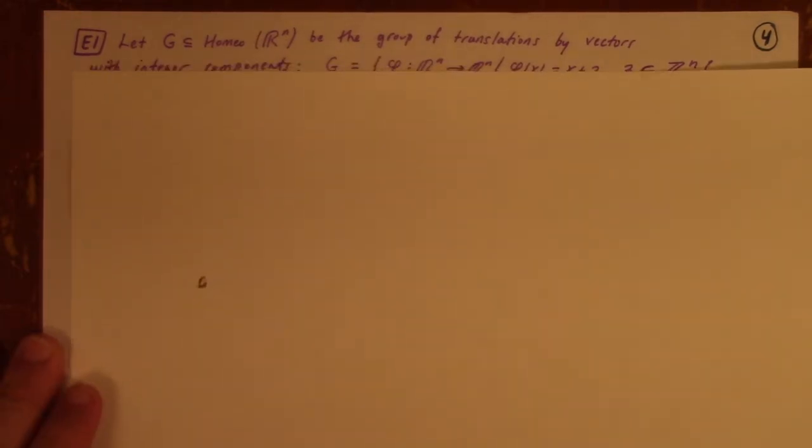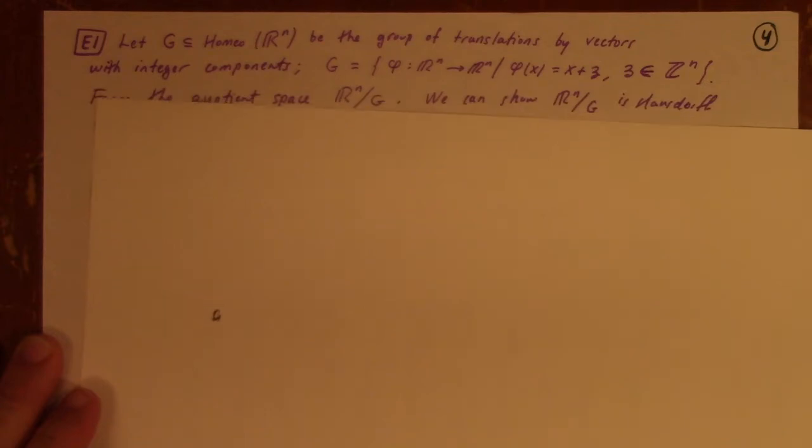Let G be the group of translations by vectors with integer components in R^n. In other words, G is like phi from R^n to R^n, where phi of x is equal to x plus z, where z is an element of the n-fold product of Z with itself, right? So all the components of z are integers, right?